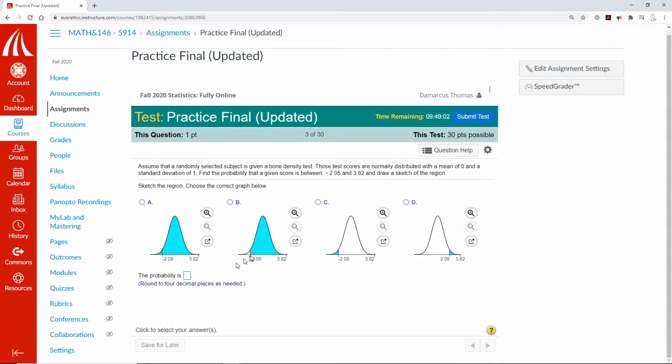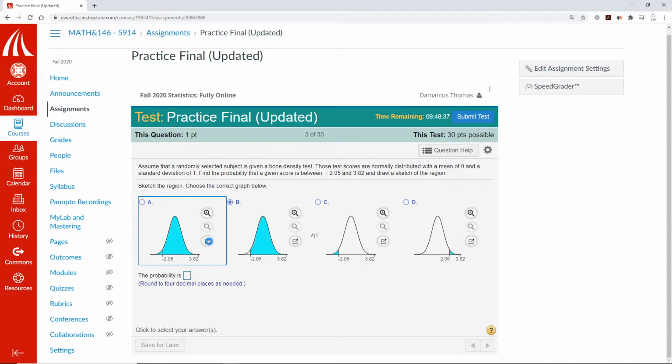So the area, the probability is almost going to be like 99%. I mean, it's a lot. Like most scores will be between negative 2 and 3.8. So I'm going to go with, if I look at all of them, B is the one that represents the situation the best.